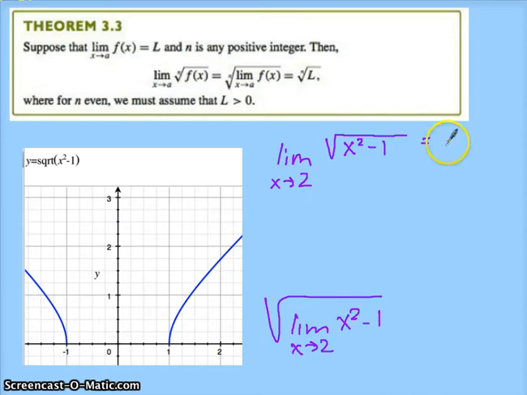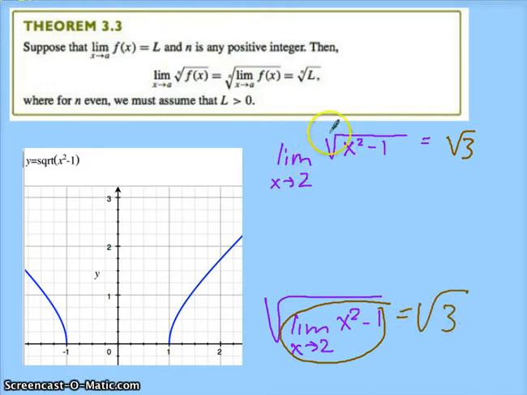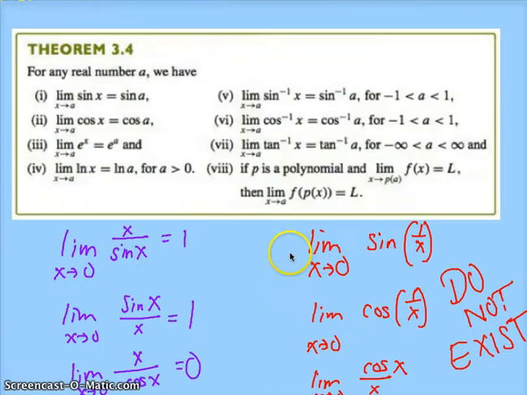That's going to give us the square root of 3. If I find the limit of this, that's 3, and I'm taking the square root of that. So the limit of a root as we approach some number is the same as the root of the limit. No problem.